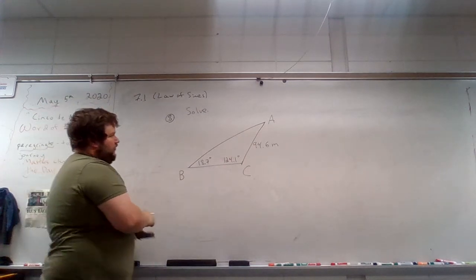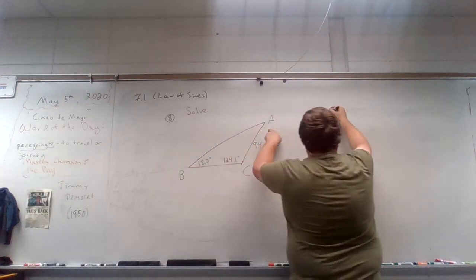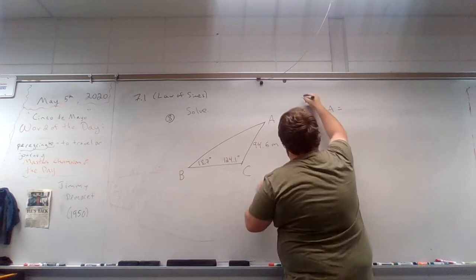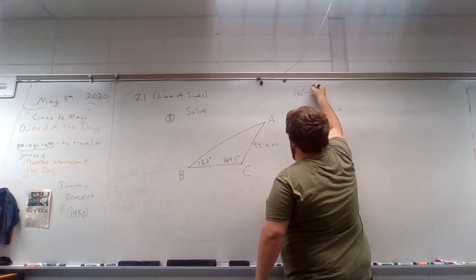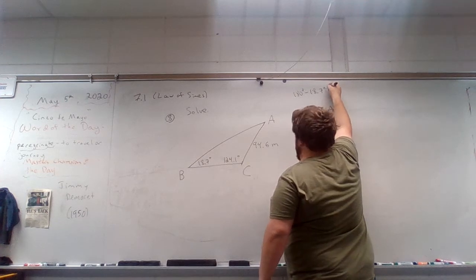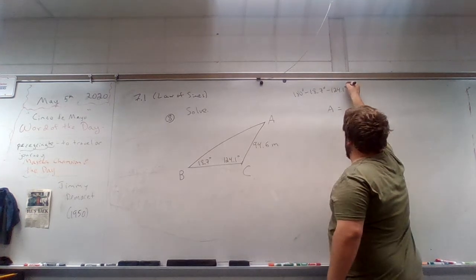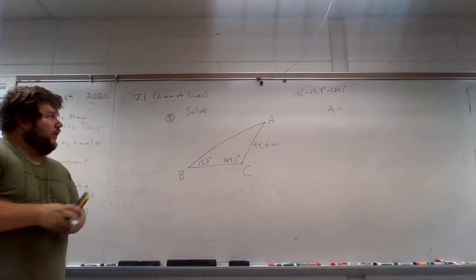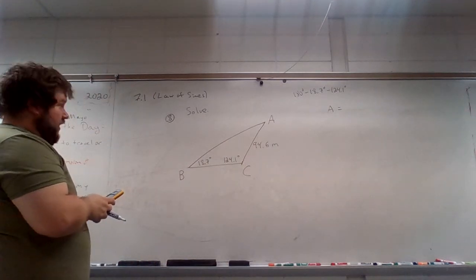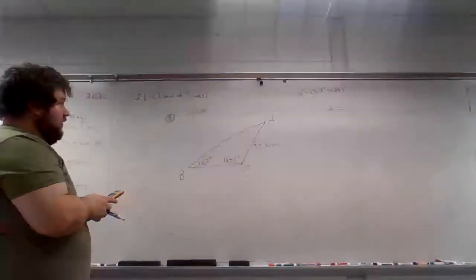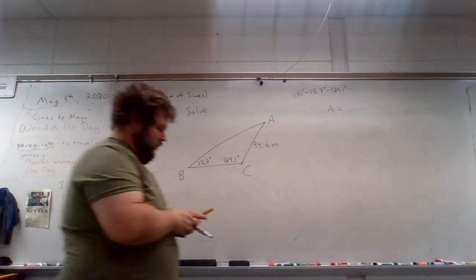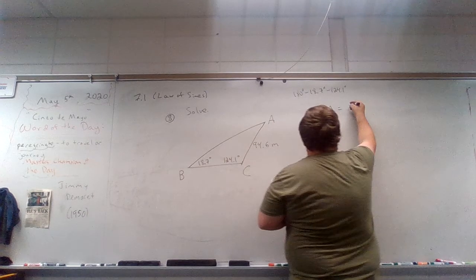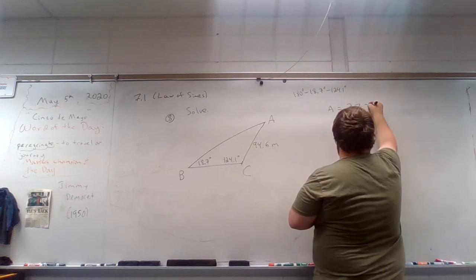Well, I could find this big A, right? So that A is just 180 minus 18.7 minus 124.1, and that's all we would do there. That's 37.2 degrees.